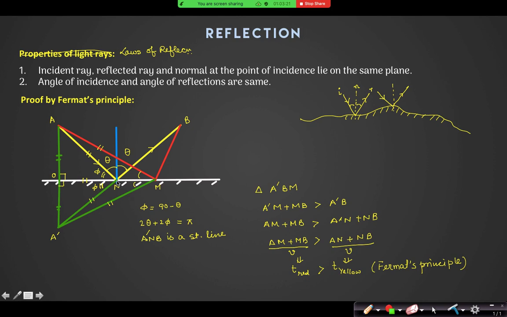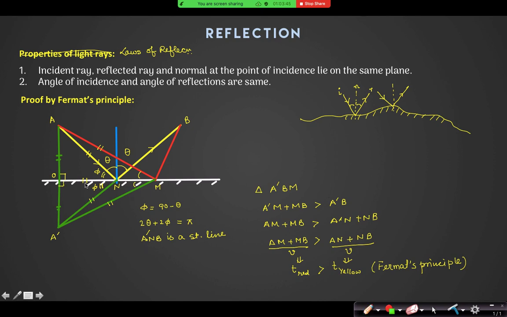Your voice is not coming properly. Yes, I cannot hear you clearly. From the left side, you have marked the length of the white line equal to which line? This line.